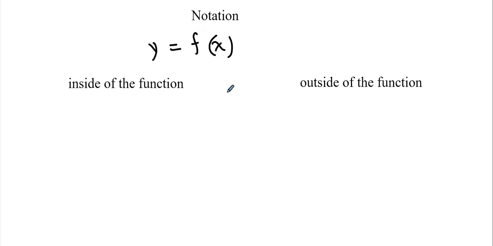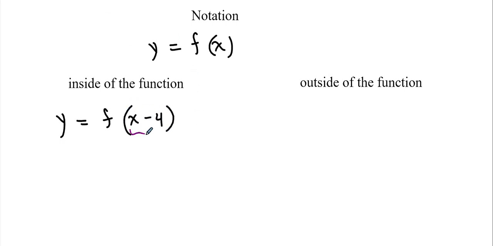What's inside the function is what's being manipulated inside this parenthesis, the variable x. As an example, if I replace x by x plus 4 or x minus 4, it would look like this: x minus 4 on the inside.